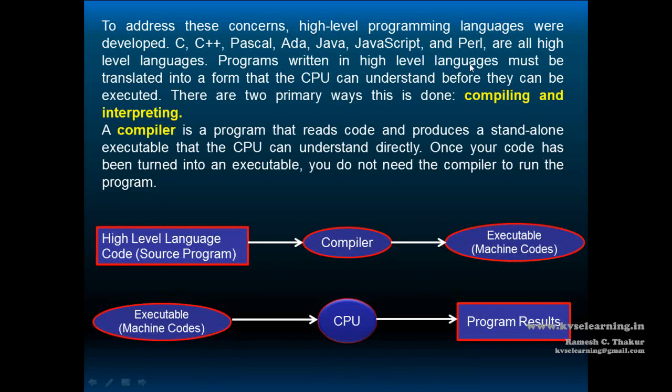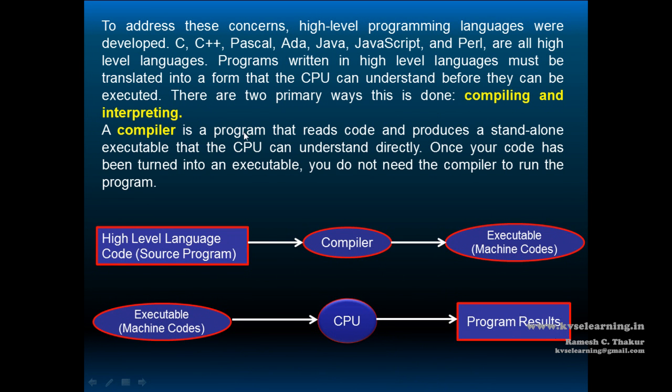Programs written in high-level languages must be translated into a form that the CPU can understand before they can be executed by the CPU. It means we need some special piece of software which would convert our high-level language codes into machine language, and that job will be done by compilers and interpreters.